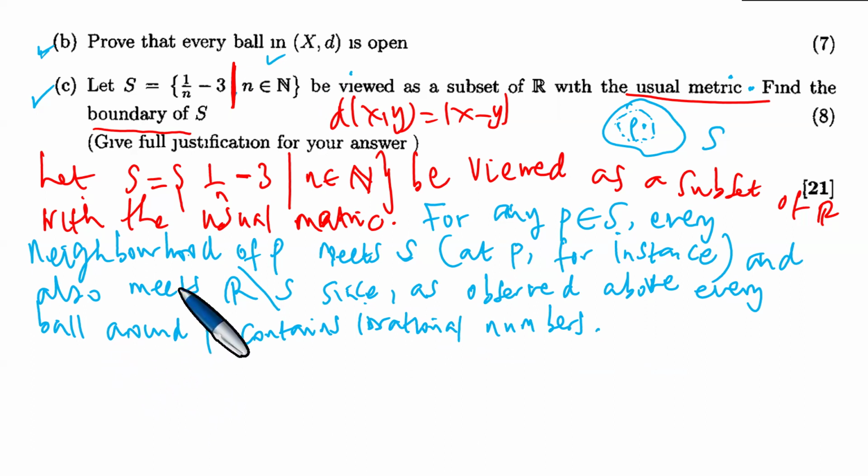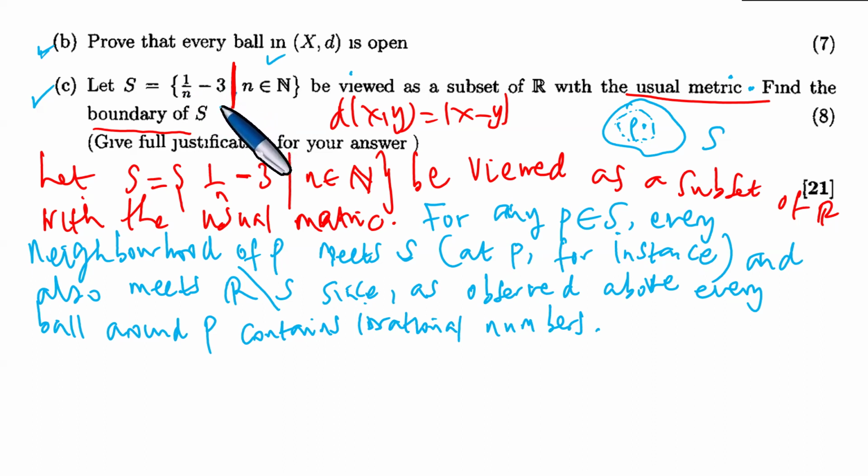Every ball around P contains irrational numbers? Well, because this set contains some 1 over n minus 3. If n is 1, what is 1 over 1 minus 3? It's minus 2.